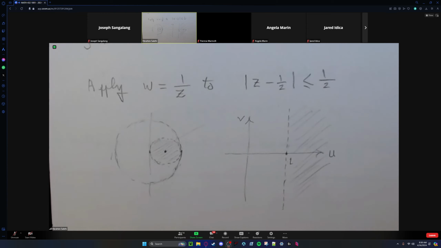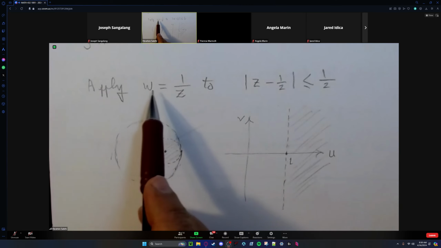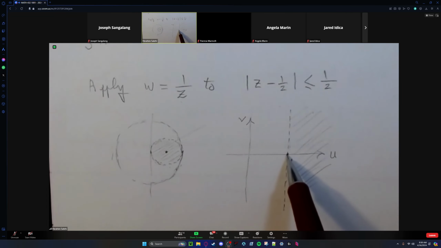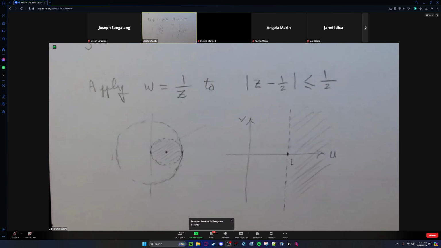Point 1 is pretty obvious. Here is 1, right? So plug in 1. What do we get? Of course you get this one, right? Because if you plug in 1, you get 1.